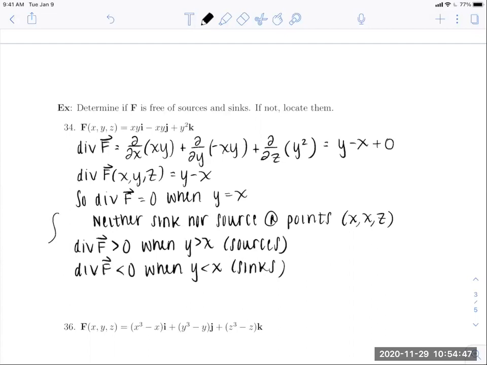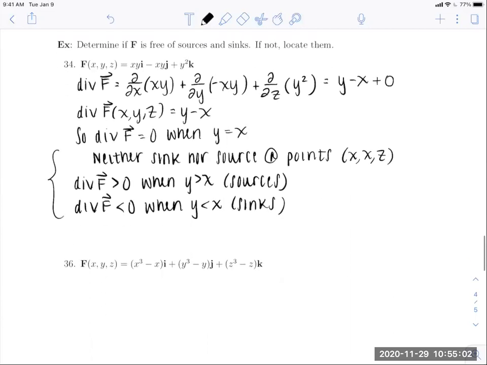So we have divided 3-space into those 3 sets. Neither sinks nor sources are all points lying on the plane y equals x. Then on one side of the plane are sources, and on the other side of the plane are sinks.